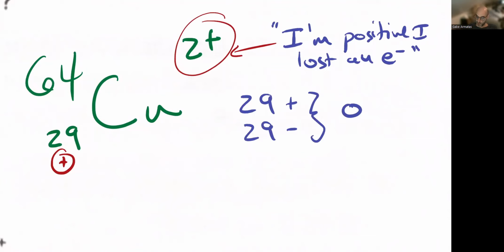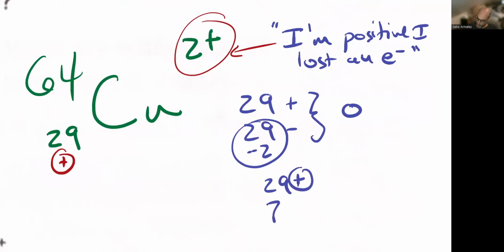But I want it to be 2 plus. That means I actually have to lose 2 electrons. So I'm going to have 29 positive charges and 27 negative charges, electrons, after I lost the 2. That's where that came from. And the net result of that is positive 2, giving us our positive 2 value here.